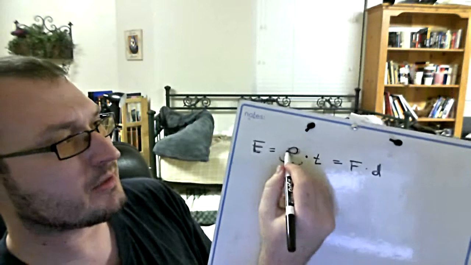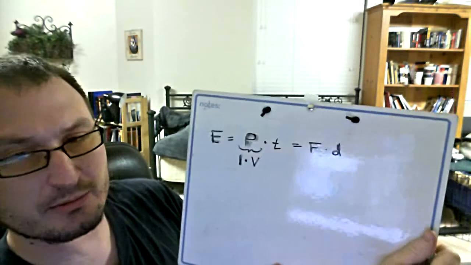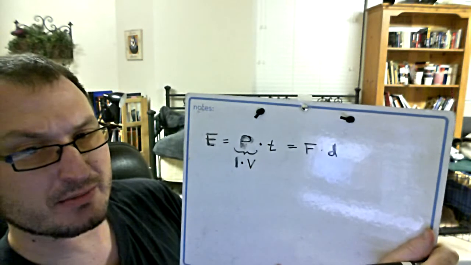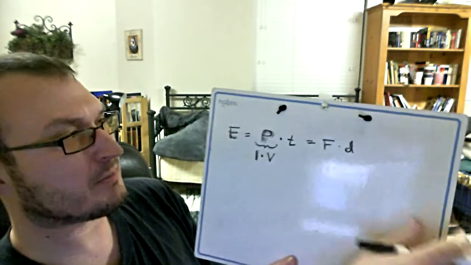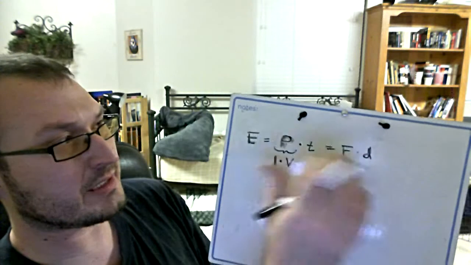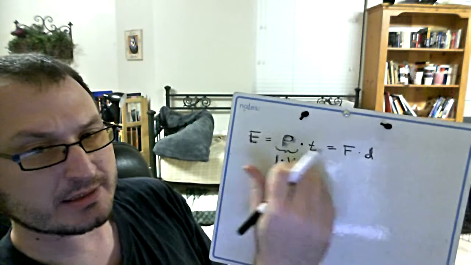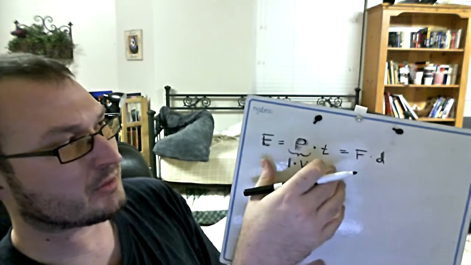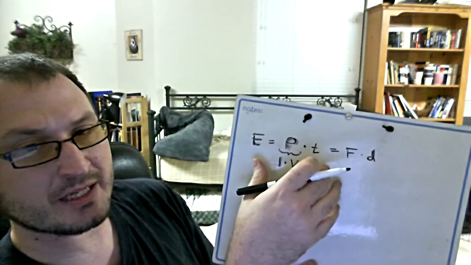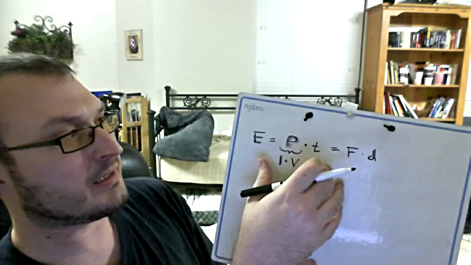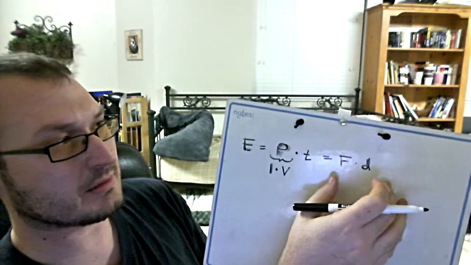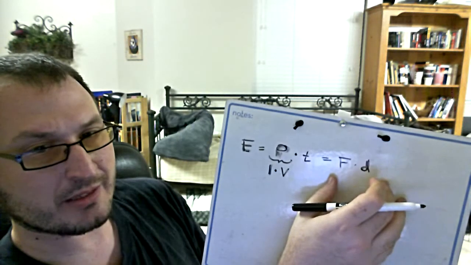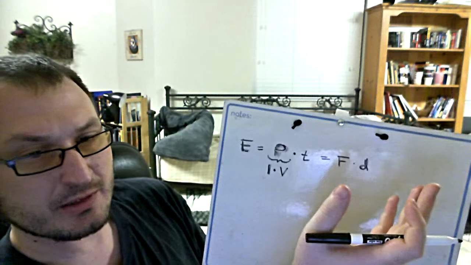This is the relation where I started with this problem: power times time equals force times distance. In other words, energy is conserved. If I let the sander run for 5 seconds or 5 minutes or whatever, eventually all of that is going to be used to do mechanical work, and eventually that will all be converted to heat.